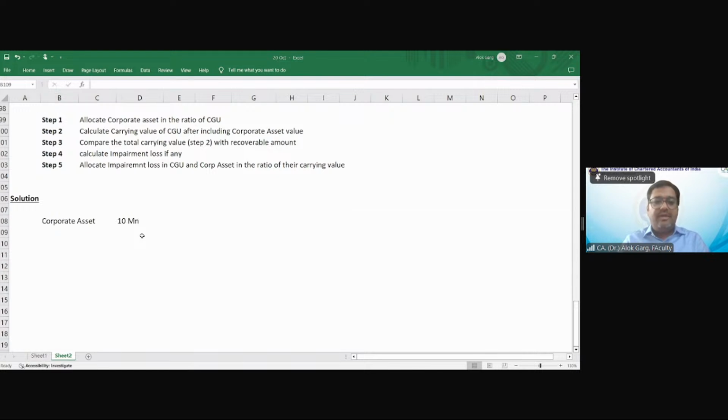Carrying value of CGU A and CGU B is given, 20 million and 30 million. Then recoverable value is also given.